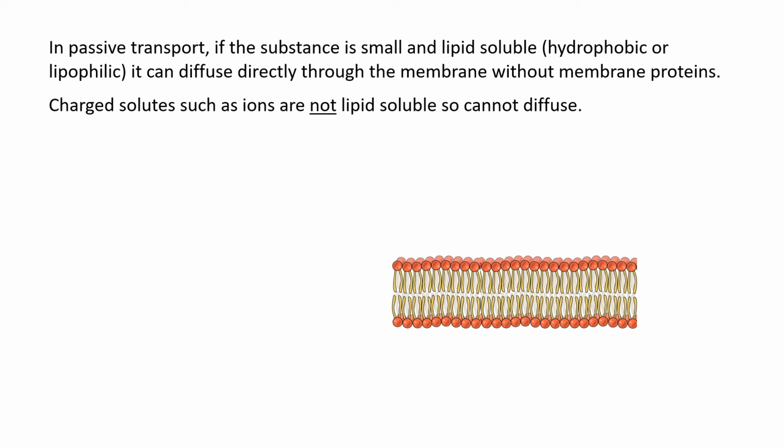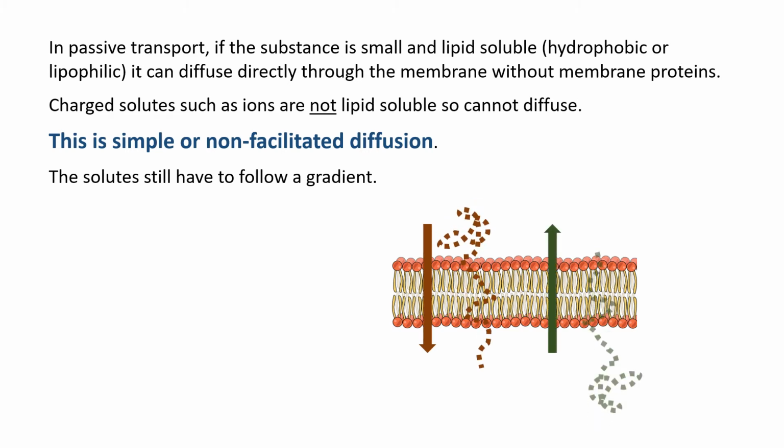Ions, because of their charge, are not lipid soluble. Therefore, they cannot diffuse directly through the membrane. We can call this simple or non-facilitated diffusion. Non-facilitated because we don't have any plasma membrane proteins helping it. The solutes, though, because this is passive transport, still have to follow a gradient.